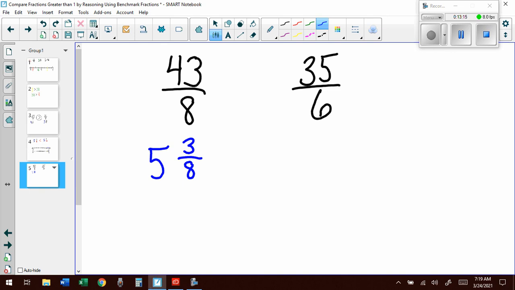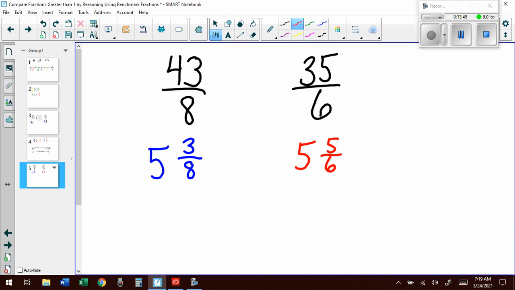Now if we go to 35/6, we're going to count by 6, 6, 12, 18, 24, 30, 36. Too high, so we were able to go 5 whole pieces, and we would have 5/6 left over.